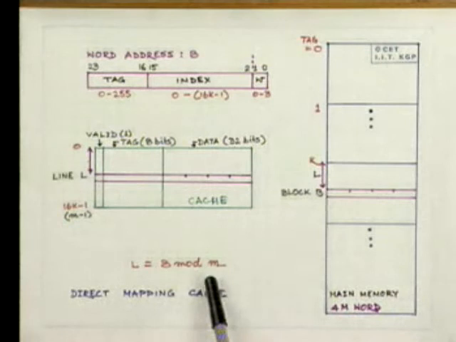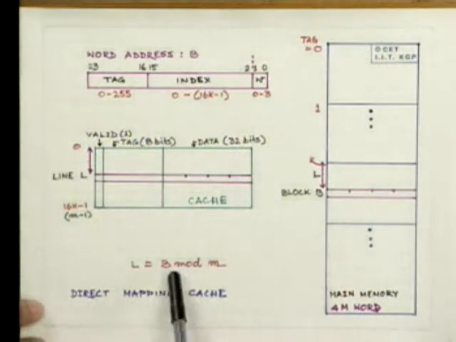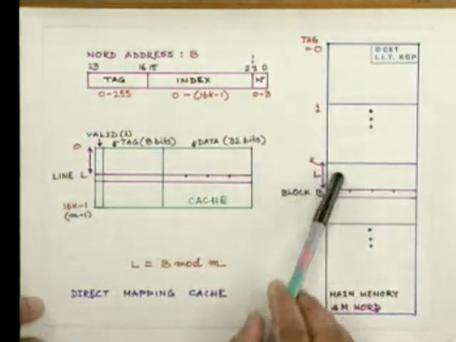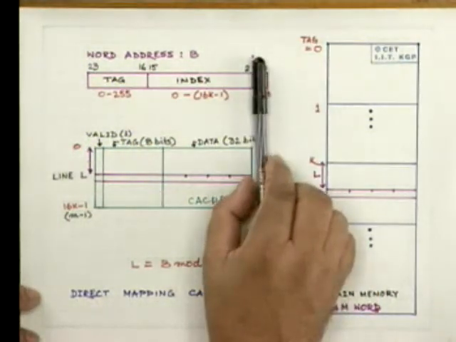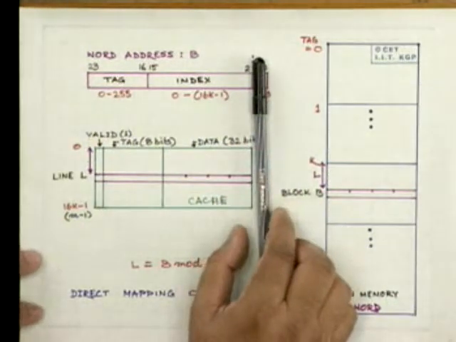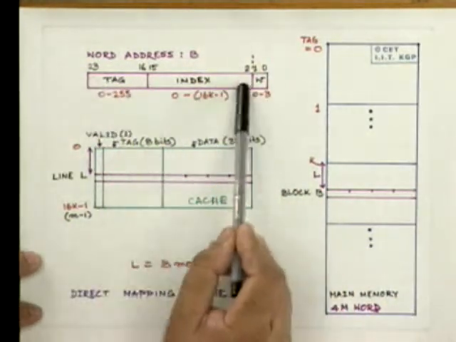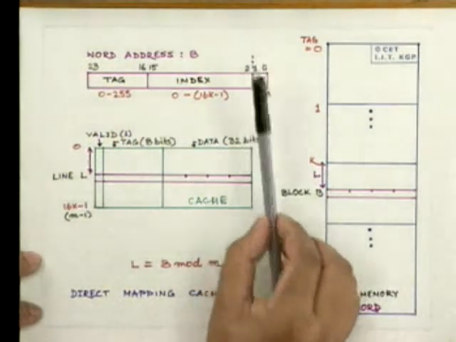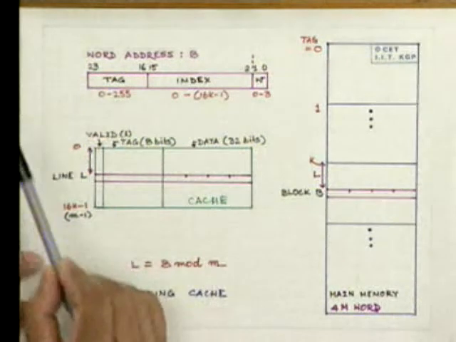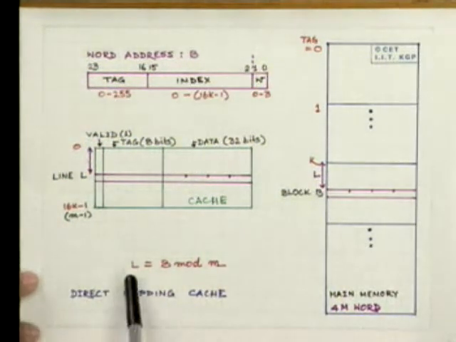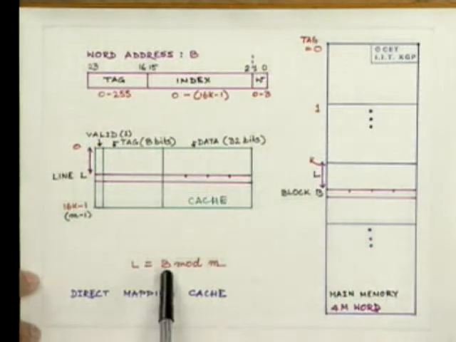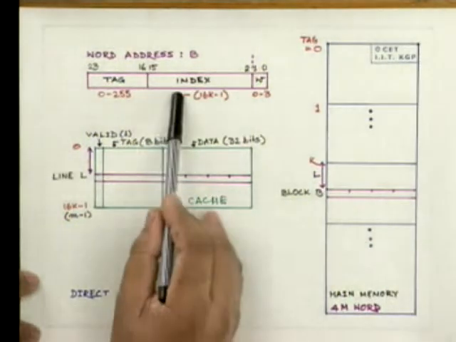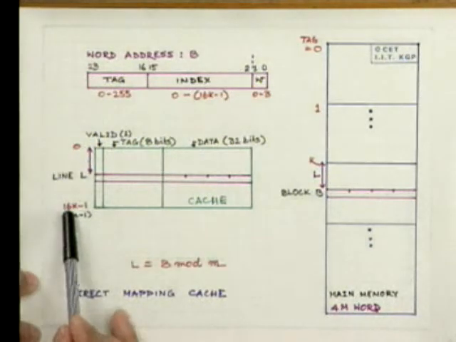The mapping function in the case of a direct mapping cache that we employ is: if B is the block address, that means this 22-bit address, I am leaving aside this part, then the mapping address L is given by B mod M, where M in this particular case is 16K.